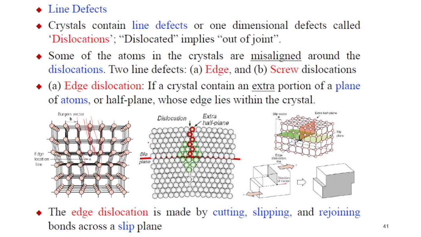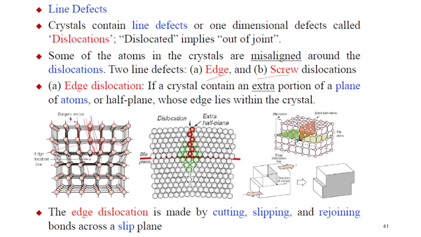So that is usually called a line defect. Under line defects you have edge and screw dislocation. If the defect happens along a particular plane, it is called an edge dislocation, right?